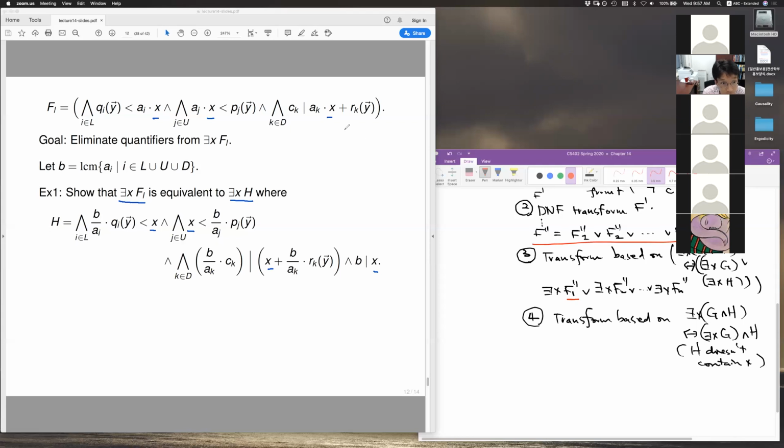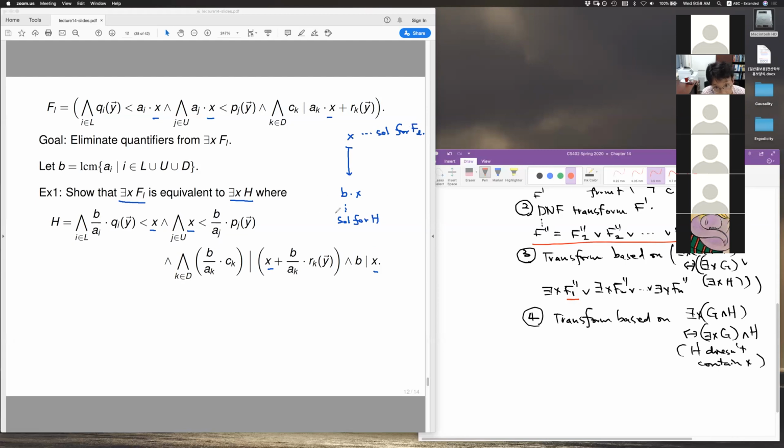The way you can do it is, if X is a solution for FL, then if you multiply X by B, where B is some fixed constant, because all these AIs are constants, B is some fixed number that we compute from this formula, it turns out this becomes a solution for H.